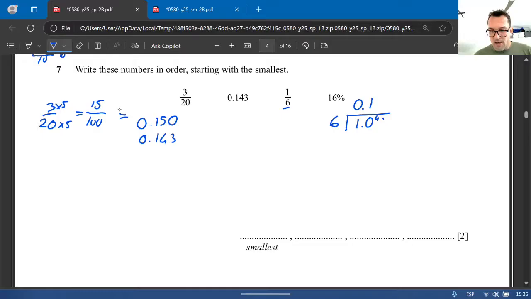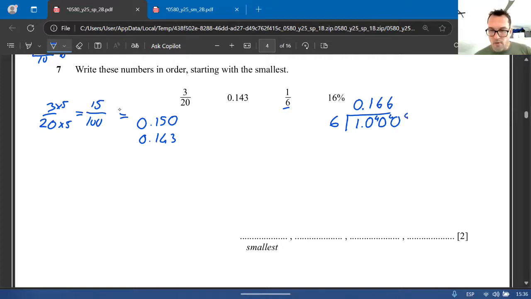Now I can add another 0, because 1.00 is still 1. And I can say 6 goes into 40: 6, 12, 18, 24, 30, 36. 6 times, remainder 4. Put another 0. 6 goes into 40 six times, because 6 sixes are 36.